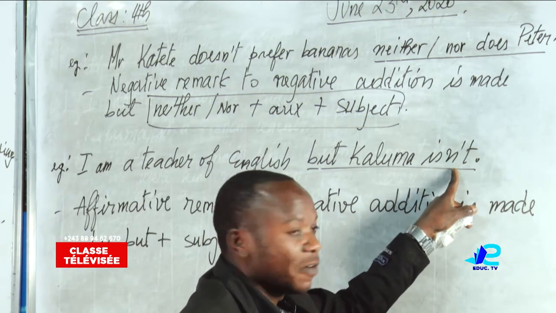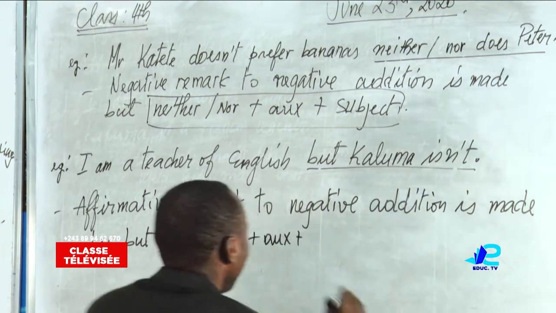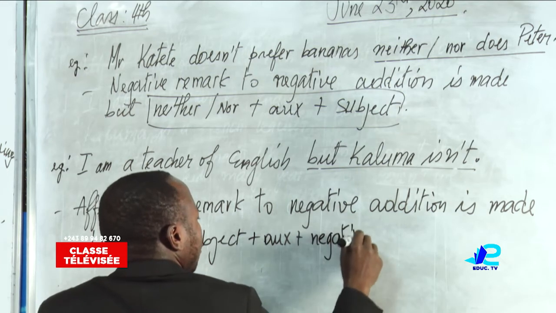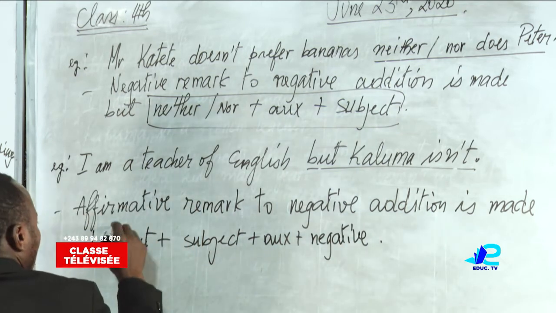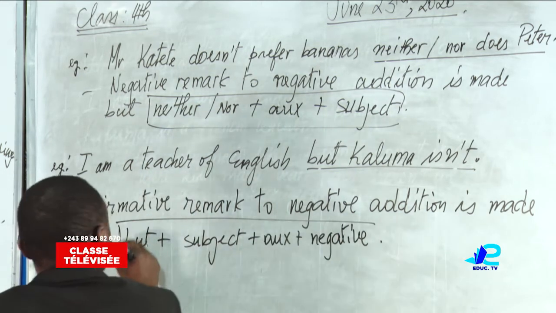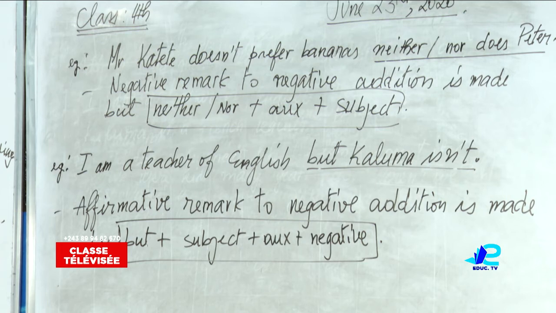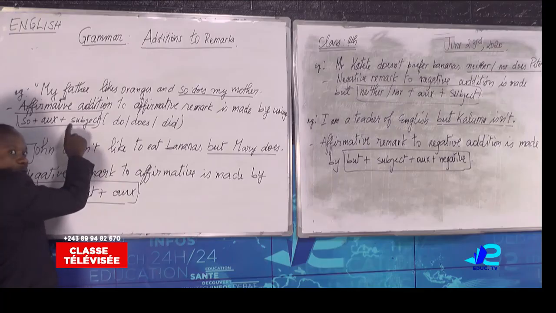Pay attention, we have n't over there, plus negation. That's good. We have to put this here. That is very important. This is the summary for you. You have to take into account what I've written for you here. And whenever you have to do it at home, you have to follow what I have given you for each place.